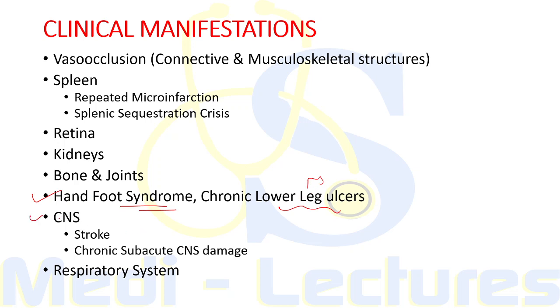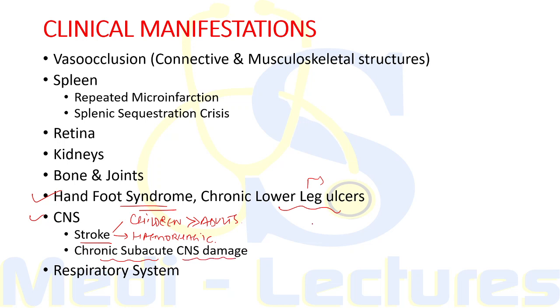Now, the involvement of central nervous system can lead to stroke, which is more commonly seen in children with sickle cell disease than adults, and the stroke is usually hemorrhagic. Now, other than stroke, there can be chronic subacute central nervous system damage.